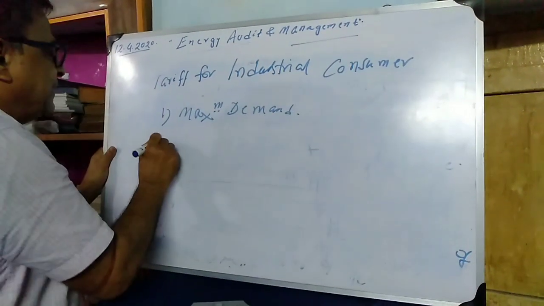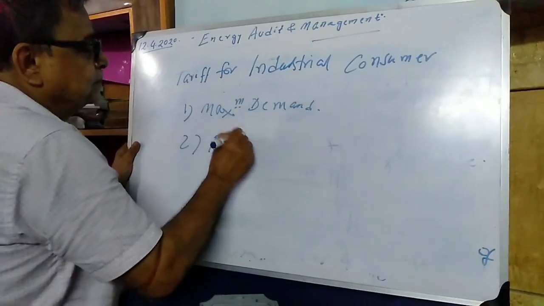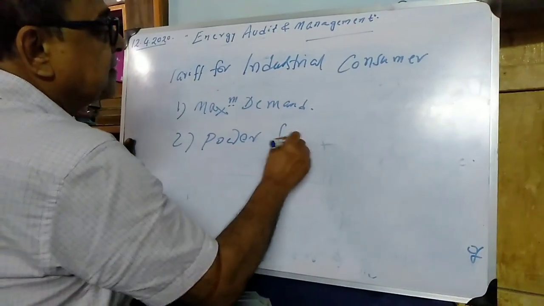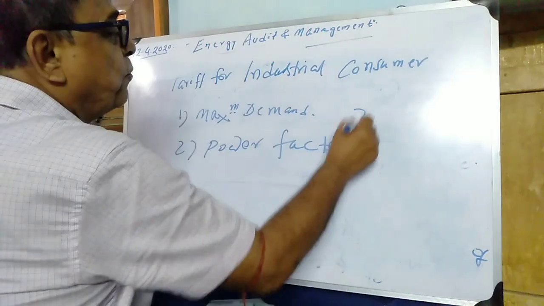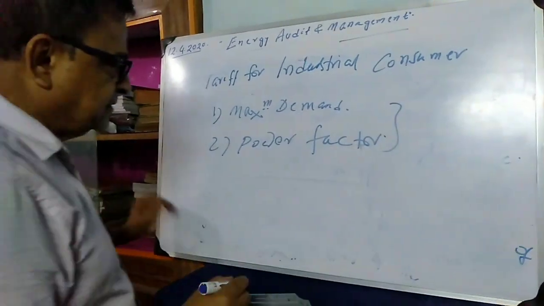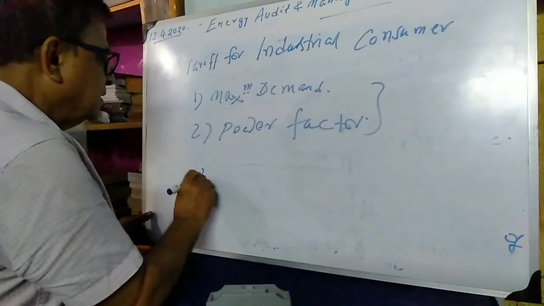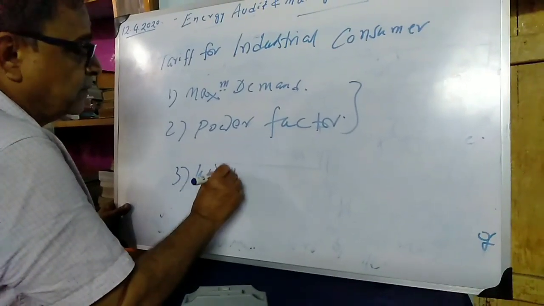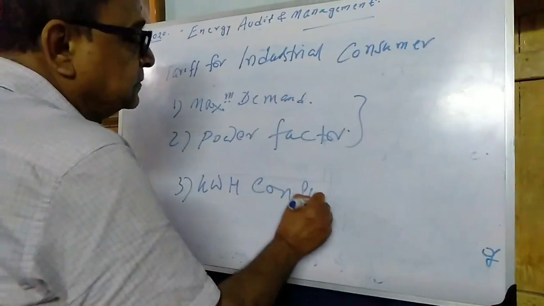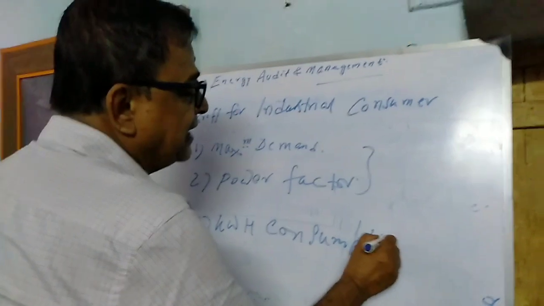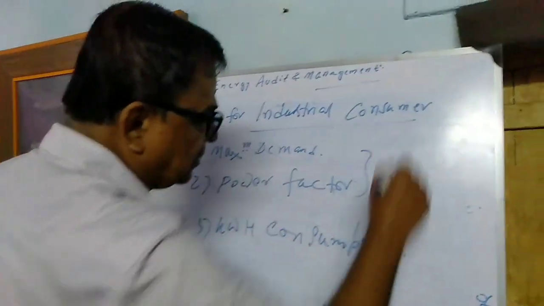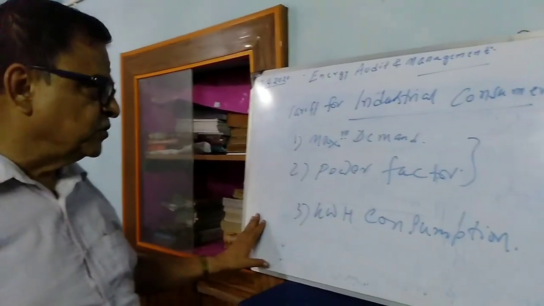The second part is the power factor. These are the main two parts, other than the kilowatt hour consumption. This is only applicable for industrial consumers, not for domestic consumers.